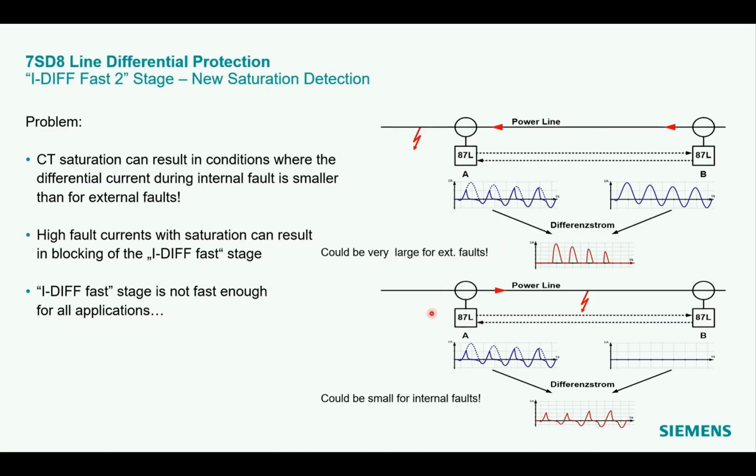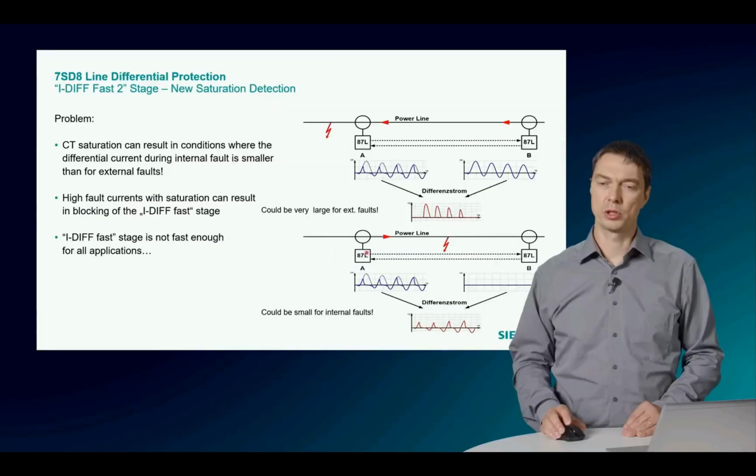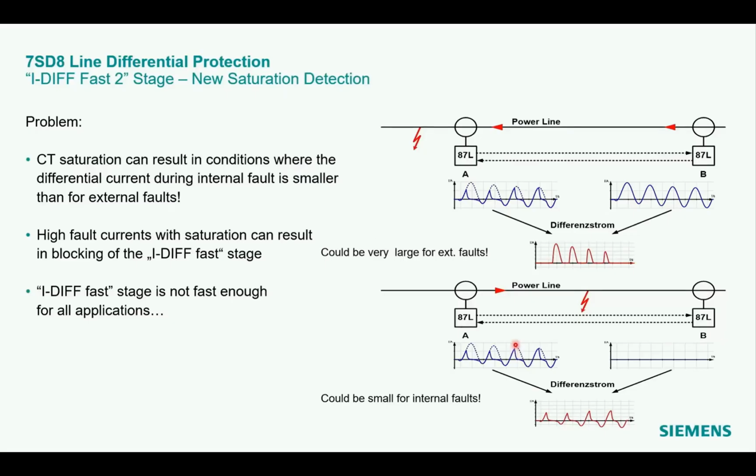For the internal fault condition, you can consider that the fault is fed only from the side where we have the relay A and no network at relay B. So we see this heavily saturated fault current at the relay A, which gives you, compared with the relay B, a very small differential current.